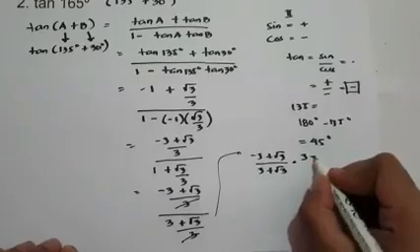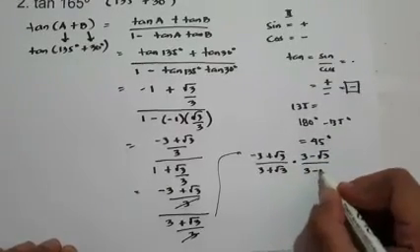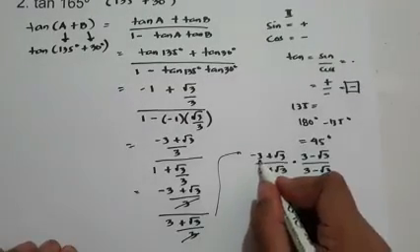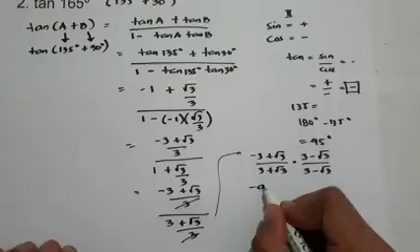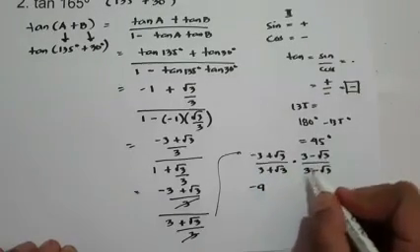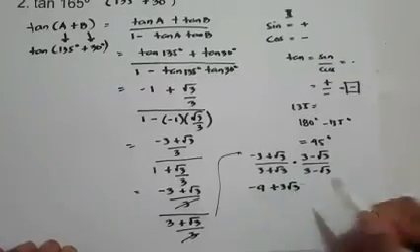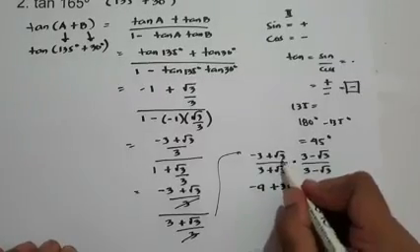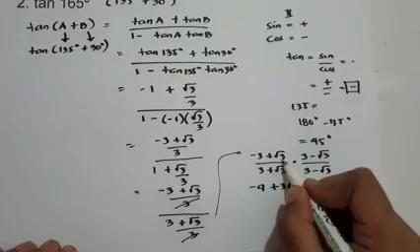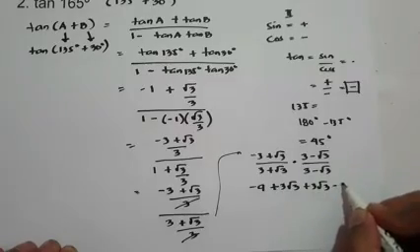Let's have 3 minus square root of 3 over 3 minus square root of 3. So negative 3 times 3 is negative 9. Negative 3 times negative square root of 3 is positive 3 square root of 3. Square root of 3 times 3 is 3 square root of 3. Then square root of 3 times negative square root of 3 is negative square root of 9, and the square root of 9 is 3.